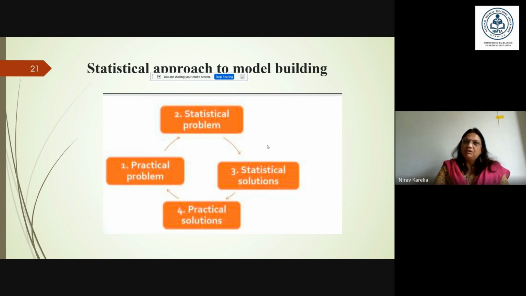You apply the various statistical tests and reach a conclusion. Depending on this conclusion and your significance level, you find a practical solution. So this is the cycle of model building: find the practical problem, convert it into statistical terms, apply a statistical test, and find a solution.